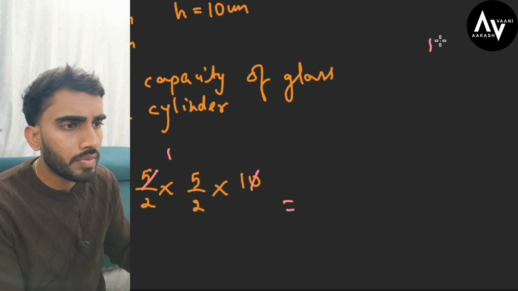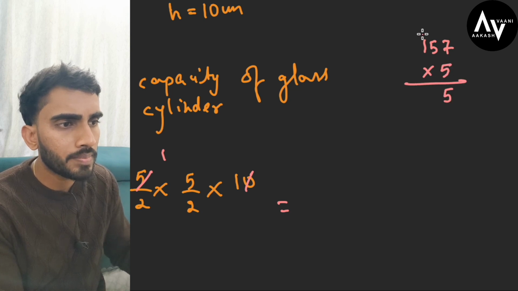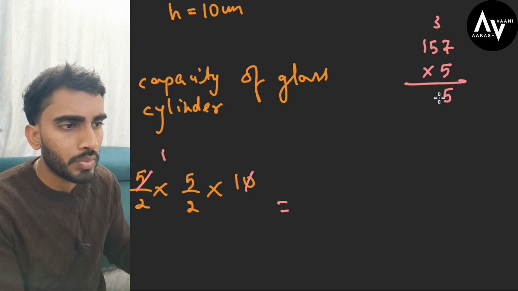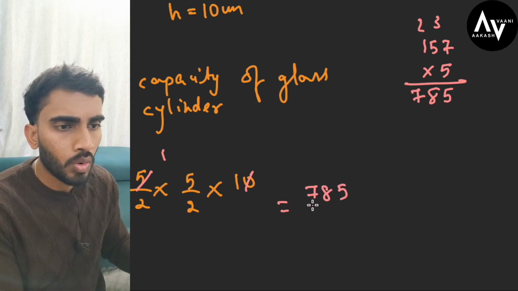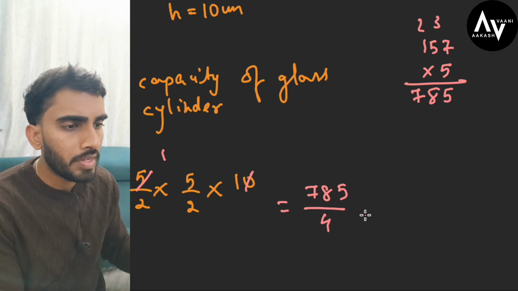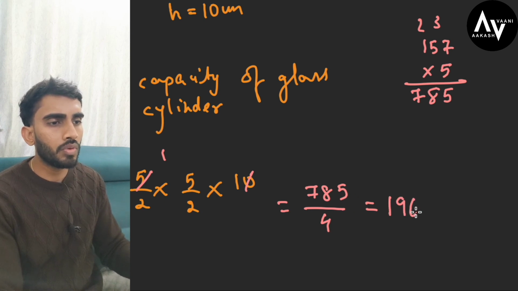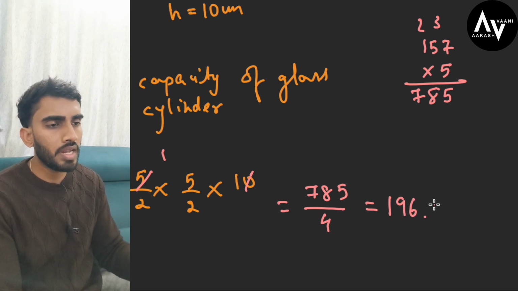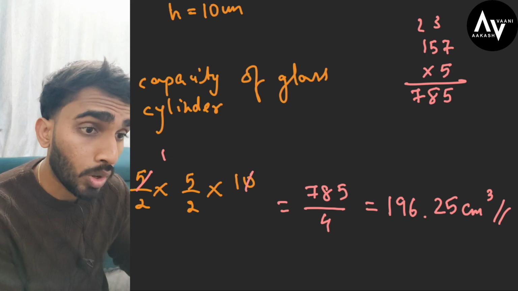So 157 into 5 is 785 upon 4. And when we divide this, we get 196.25 centimeter cube. This is the apparent capacity of the glass.